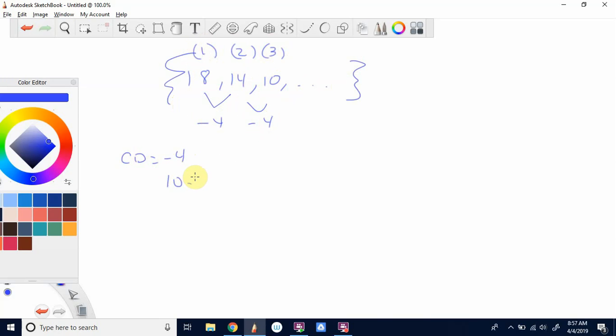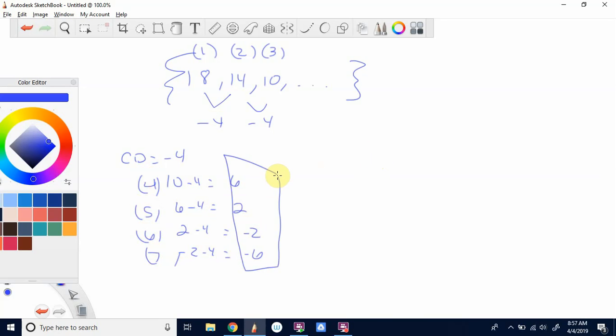Then 10 minus 4 is 6, 6 minus 4 is 2, 2 minus 4 is -2, and -2 minus 4 is -6. These are the 4th, 5th, 6th, and 7th terms. So the next 4 terms are 6, 2, -2, and -6.